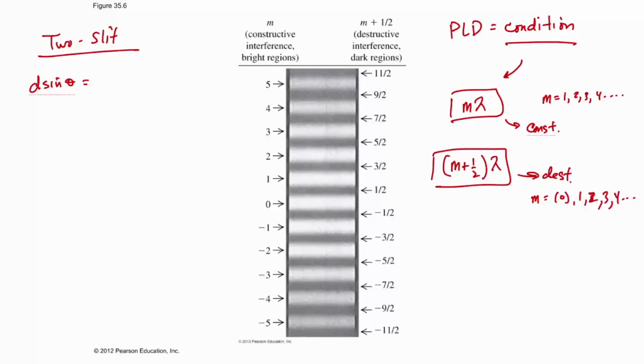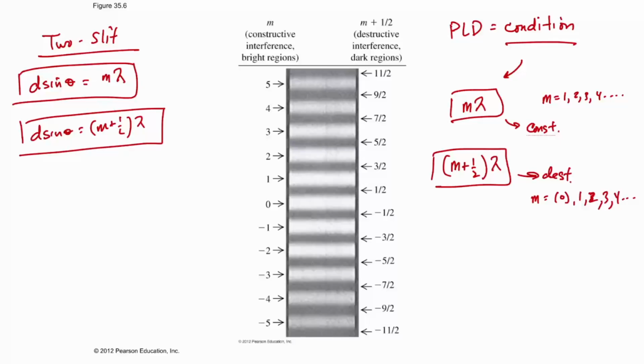So our two-slit interference equation is really two equations. It's either m lambda or it's m plus a half lambda. And how do you know which one to use?